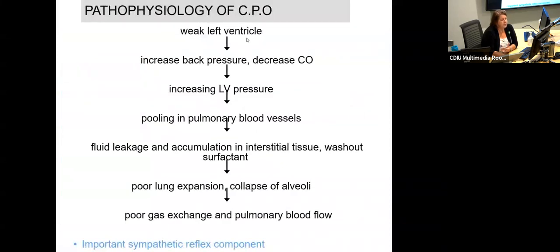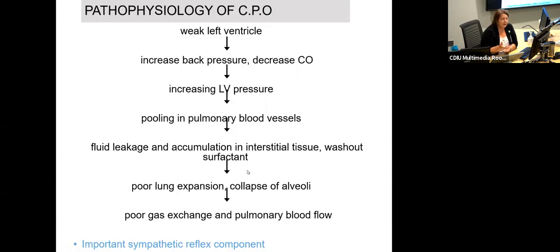The mechanism is pretty simple in that you have a weak left ventricle, you end up with more back pressure, an increasing LV pressure, increase in LA pressure, a pooling in your pulmonary blood vessels. You're going to end up with fluid leaking, surfactant deficiency, poor lung expansion, and then poor gas exchange.